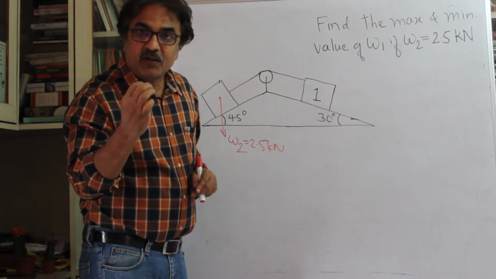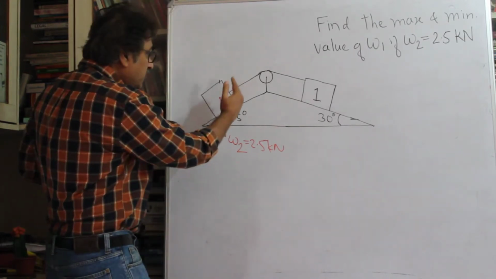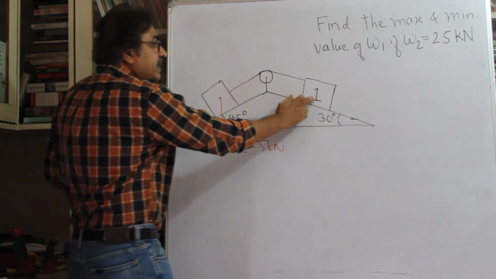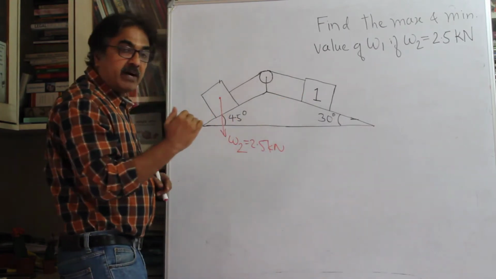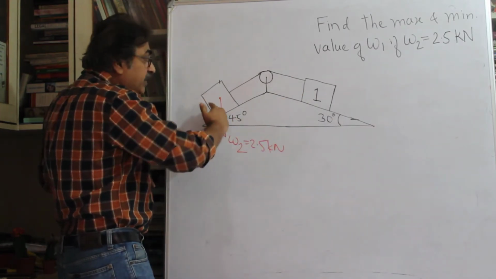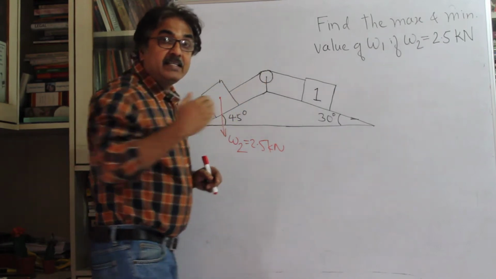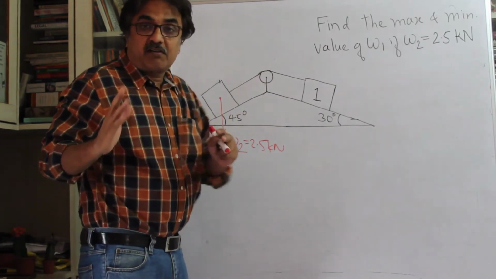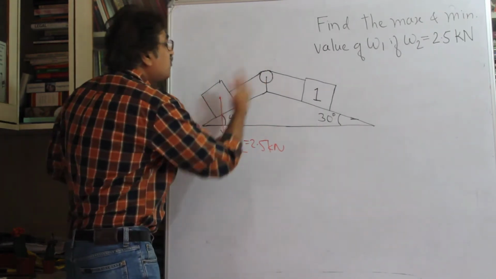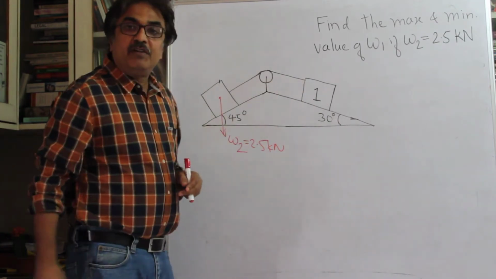Just think about it. I hope you are clear. When you want to stop the motion downward, the weight which you attach here will be the minimum value. But you want not only to stop it, but to pull it up, right? It's impending motion. It's not actually moving, but it's about to move. In that case, that value of W will be maximum.